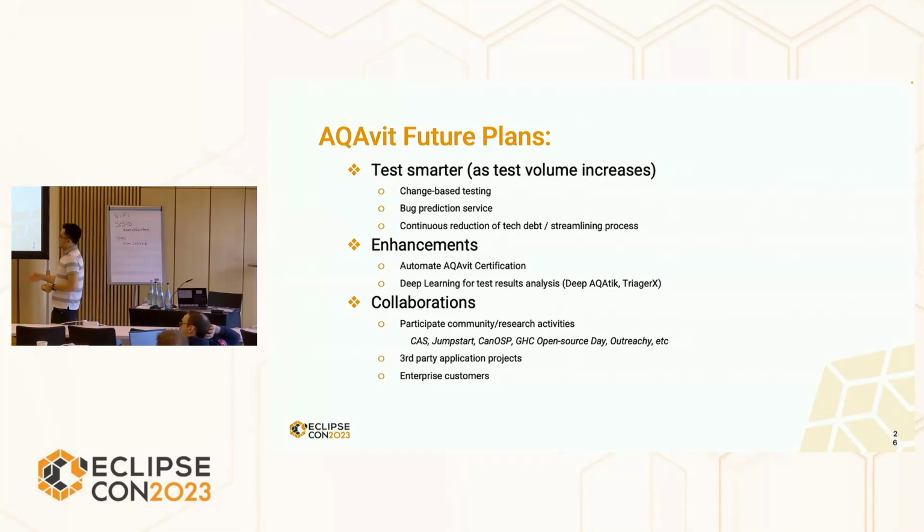And also, as mentioned, we have deep learning projects for test result analysis. Besides the DeepAQAvit project we mentioned about issue triaging, we also have the TriageX project inside of the advanced studies of IBM, to collaborate with university professors and graduate students.